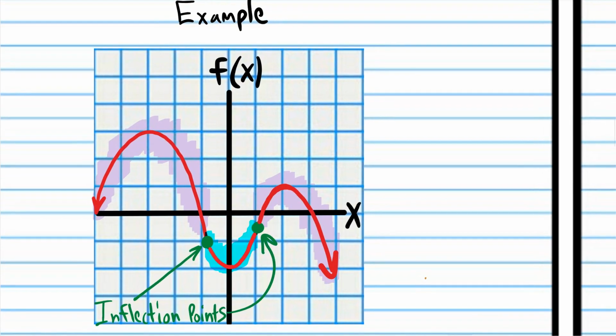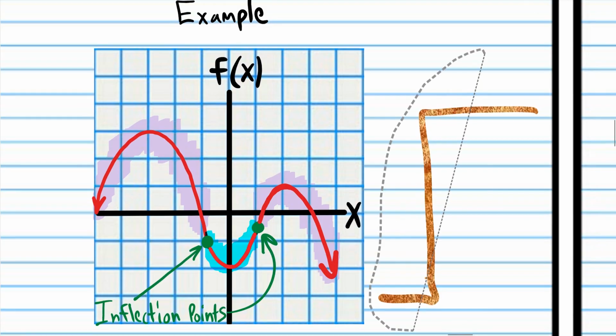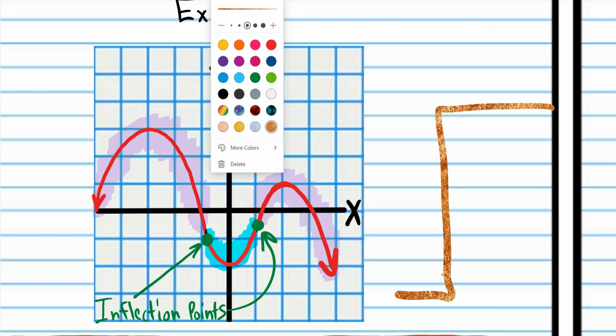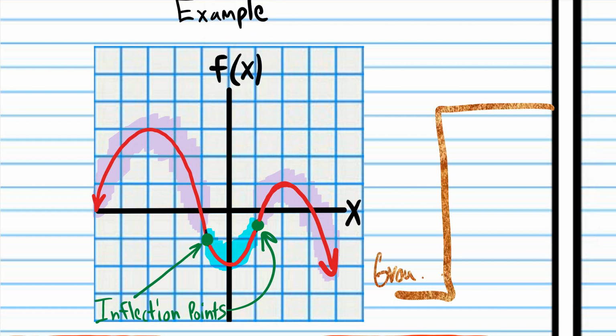Now, the idea of concavity is pretty easy to understand, but it's not so easy to explain. But if you had to explain it, we could say that maybe there is a cliff and the ground is down here, and let's say that we want to create a cave, so we dig into the side of the cliff.